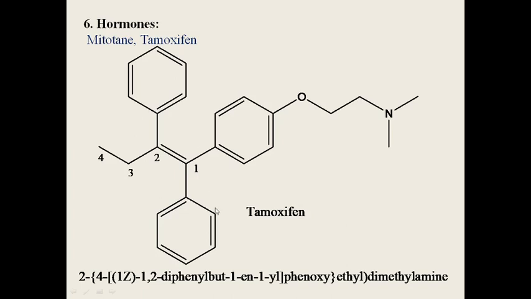Here it contains a phenoxy group. Of this phenoxy group at position number 1 2 3 4, here it is 4. Of this phenoxy group at position number 4, it contains a butenyl group.